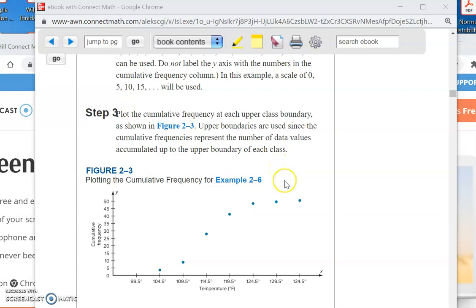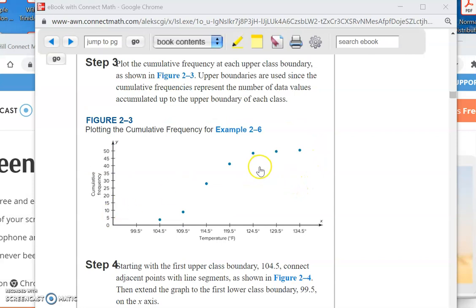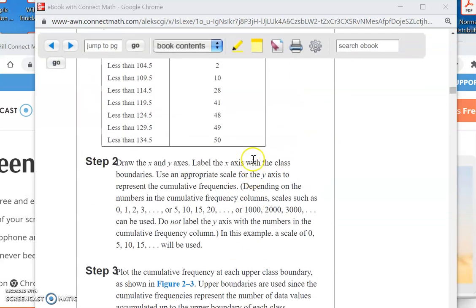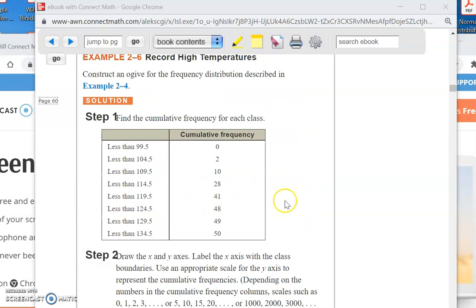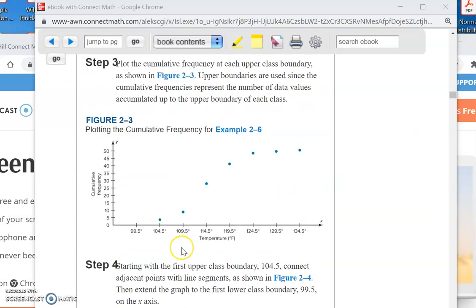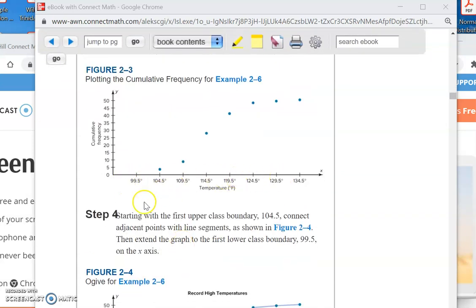It's cumulative. We don't throw out the people that tested positive a week ago. We accumulate them. So that's what this is all about. Same as before, the x-axis is the temperature, and the vertical axis is the cumulative frequency.